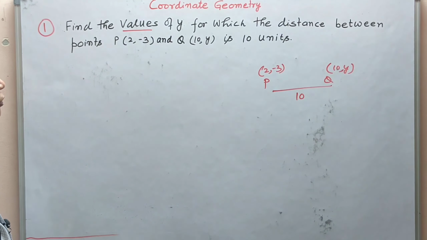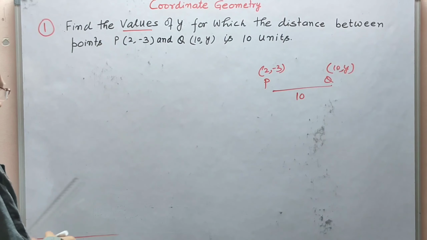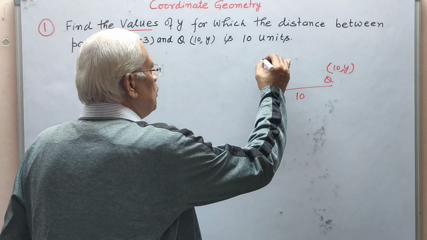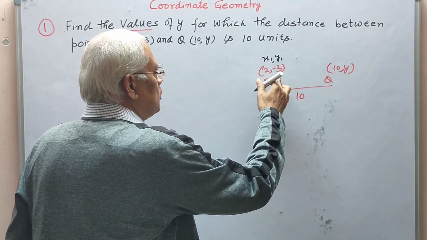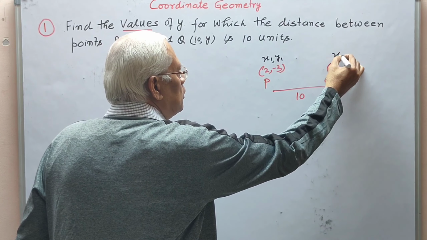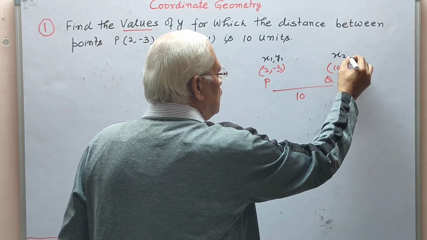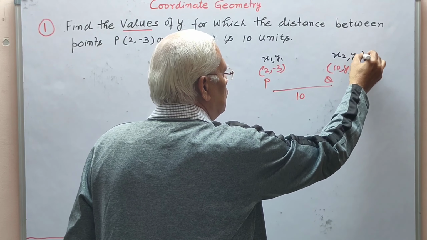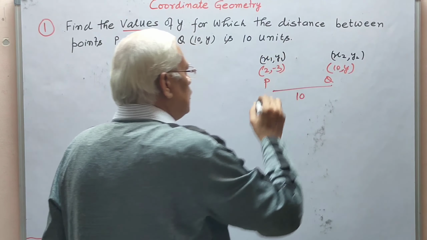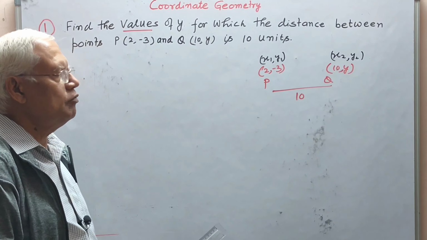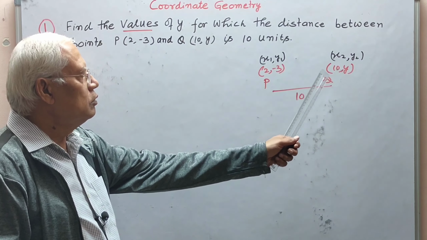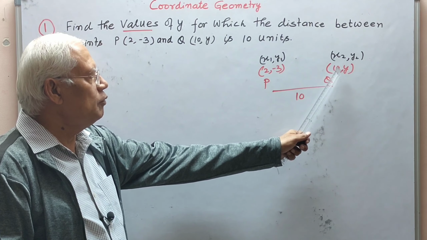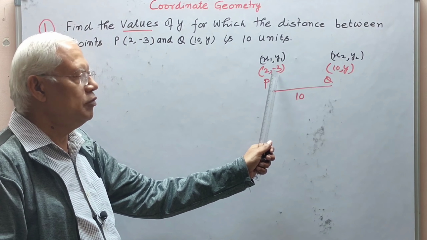So first of all, we have to apply the formula. Let us consider this point is (x1, y1) and this point is (x2, y2). You can consider any point as (x1, y1) and the other point as (x2, y2).